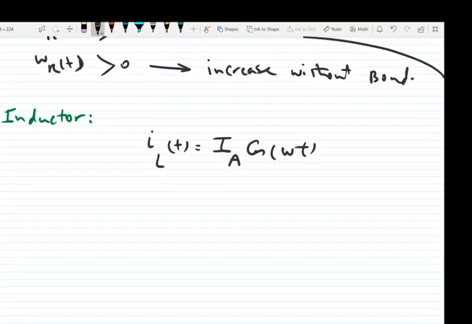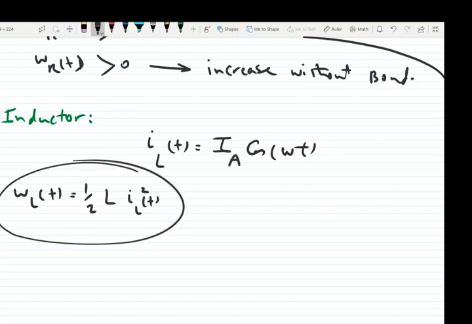We know that for an inductor, energy is equal to half of L iL(t) square. We already discussed this relationship in the chapter for inductor and capacitor.